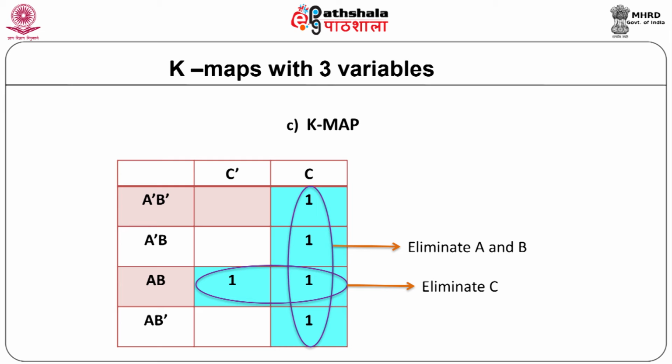From the quad, A B are eliminated and C remains. Similarly, in the pair, C is eliminated and A B remains. Thus, the Boolean expression is y is equal to C OR with A and B. This is the way we can simplify the Boolean expression of 3 variables.